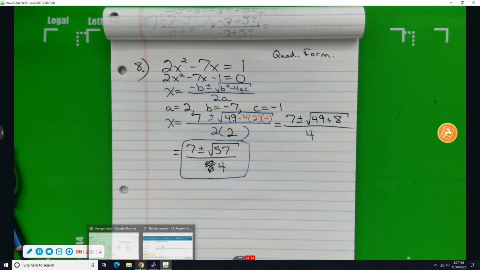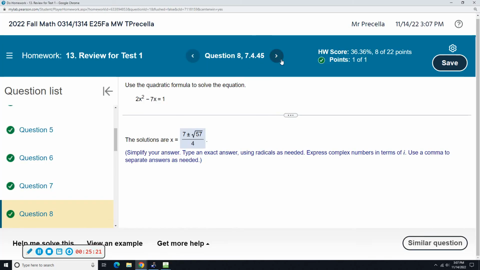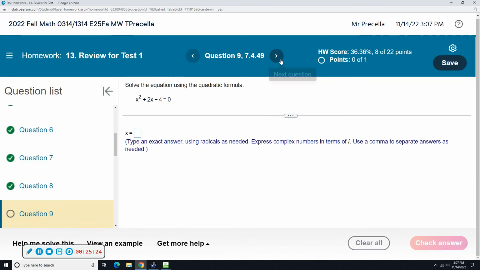Okay, number 9. Oh, it's another quadratic formula problem. Let me write it down: x squared plus 2x minus 4 is equal to 0.